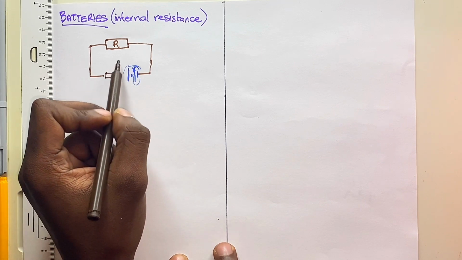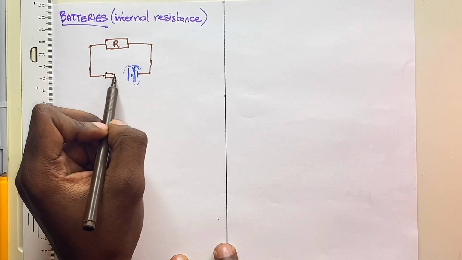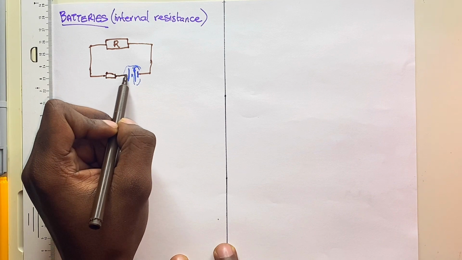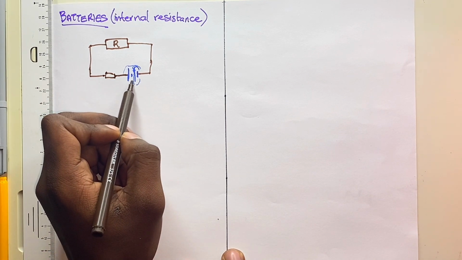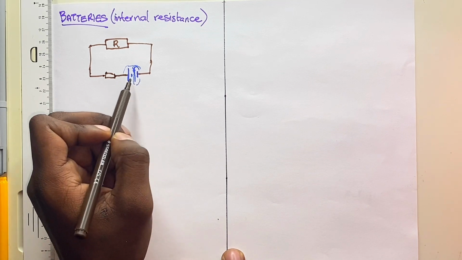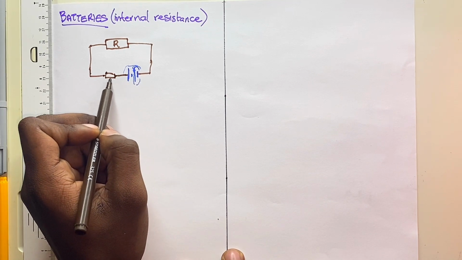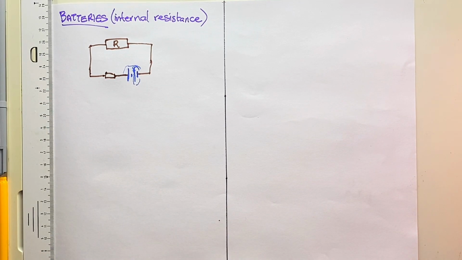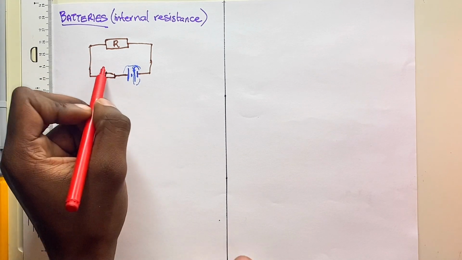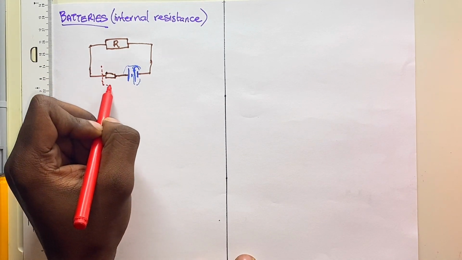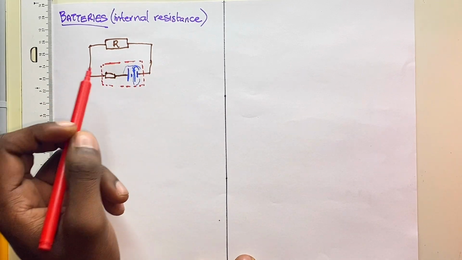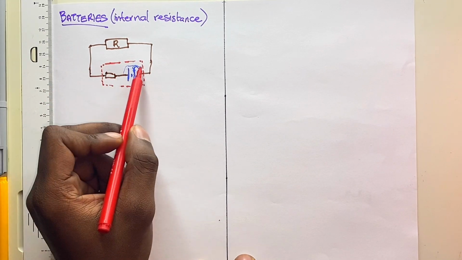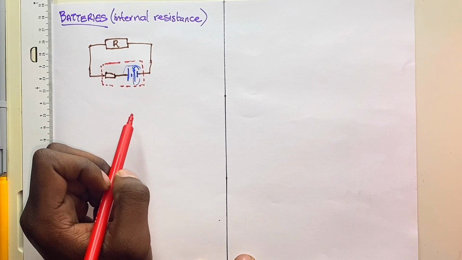So I will use the same symbol as resistance, but a little smaller one, and connect it to the cell. Now, not only the cells make the battery, the cells and the internal resistance make my battery. I will show my battery by using these dotted lines. Instead of just cells, this entire thing will now be my battery.